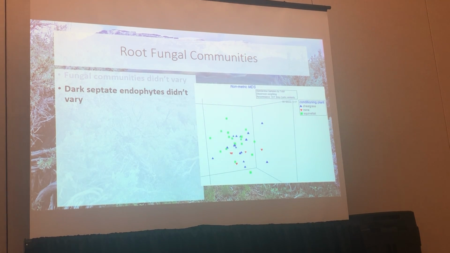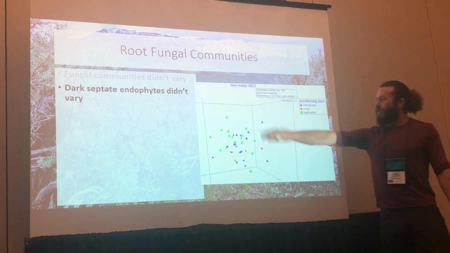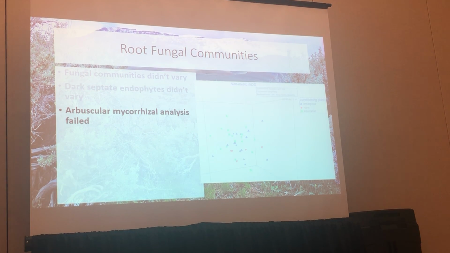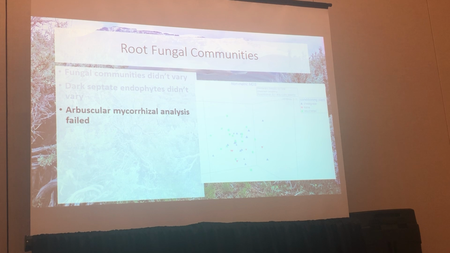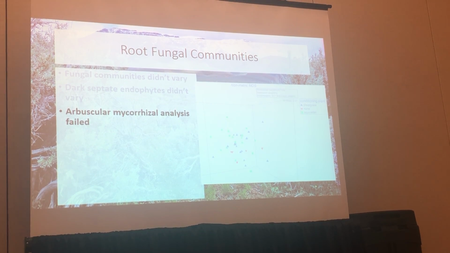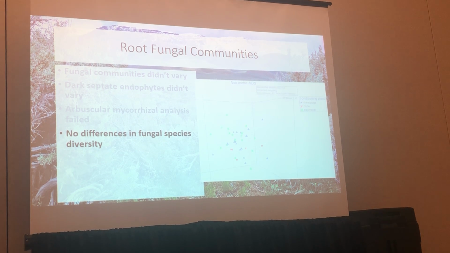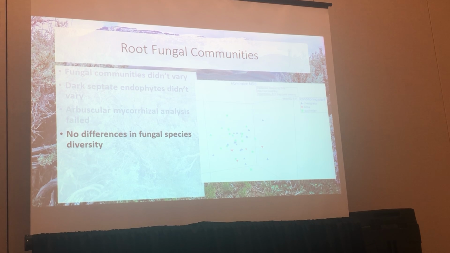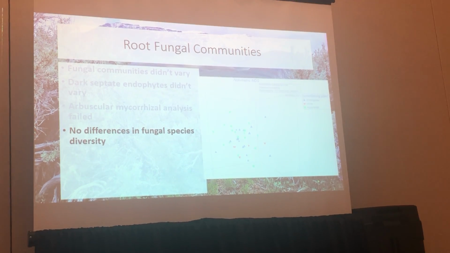Dark septate endophytes didn't vary. Just random, didn't see any patterns. Unfortunately, the arbuscular mycorrhizal analysis failed, and then we ran out of money. And then fungal species diversity, so Shannon diversity, alpha diversity, didn't vary between groups.